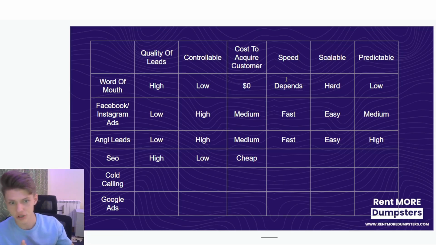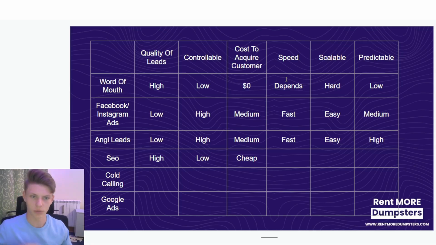You're going to pay either way, so I wouldn't say it's $0. But it's going to be cheap in the long term. You just pay that company hopefully once, and you're going to have some cheap leads and some quality leads.